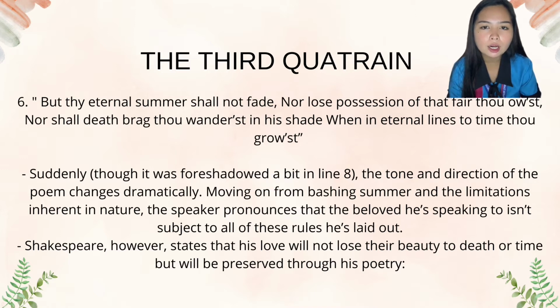The speaker pronounces that the beloved he is speaking to isn't subject to all of these rules he's laid out. Shakespeare, however, states that his love will not lose their beauty to death or time, but will be preserved through his poetry.